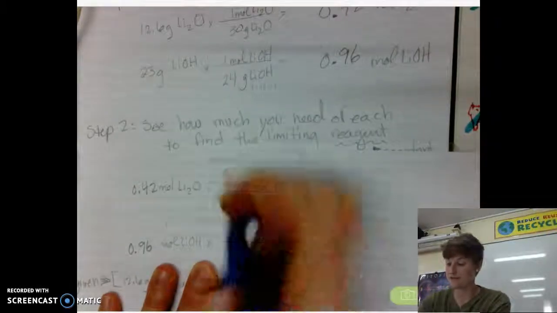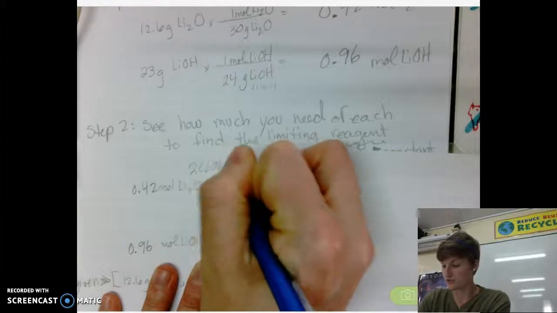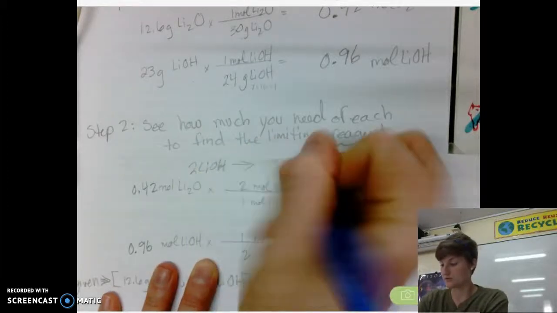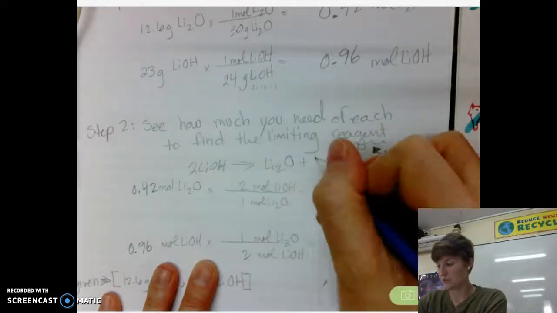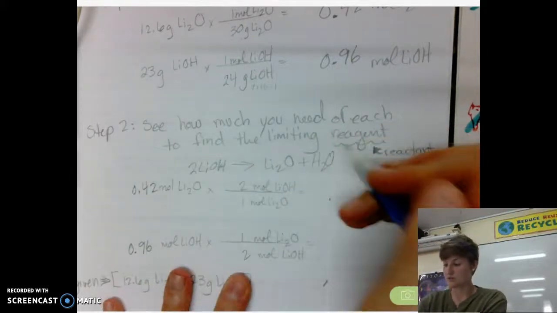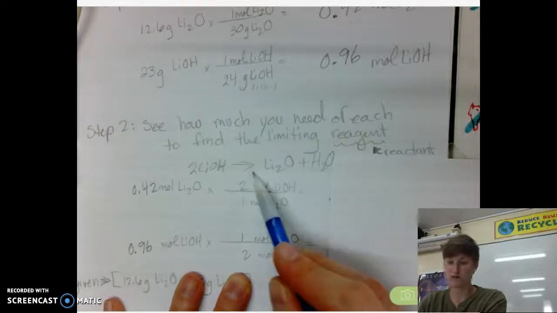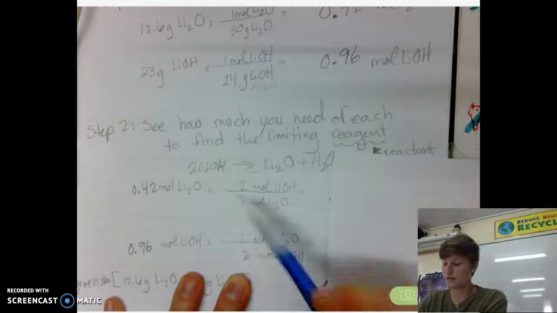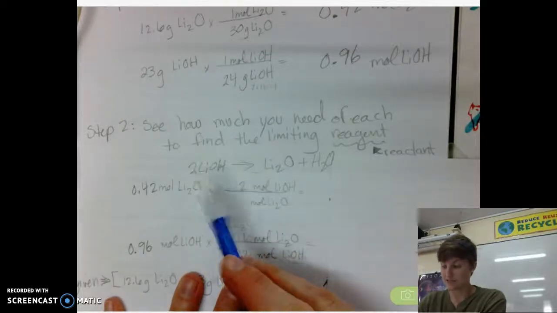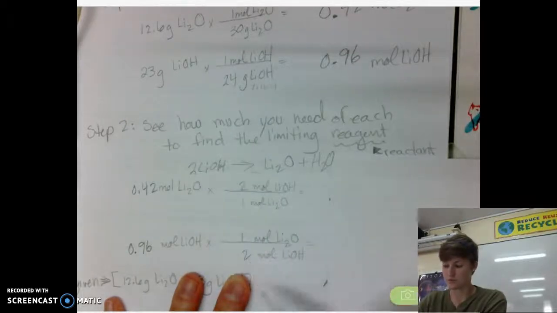So remember we have 2 lithium hydroxide yields lithium oxide plus water. Lithium oxide, there's only 1 in our equation. So every time you see that, you can put a 1. Lithium hydroxide has 2, so every time you see that, you'll put a 2. So these equations are just flip-flopped.